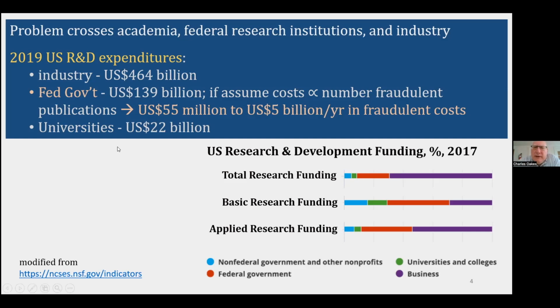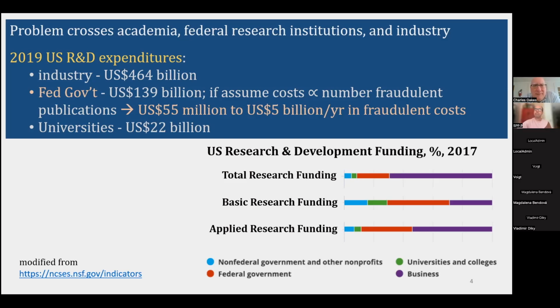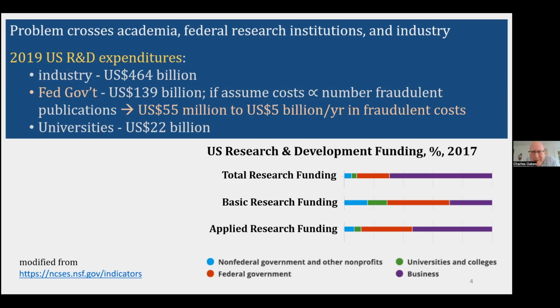So if you take that 0.04% number and multiply it by that total, the floor on wasted expenditures on R&D spending is $55 million a year. That's the baseline, and that's a large amount of money in itself.